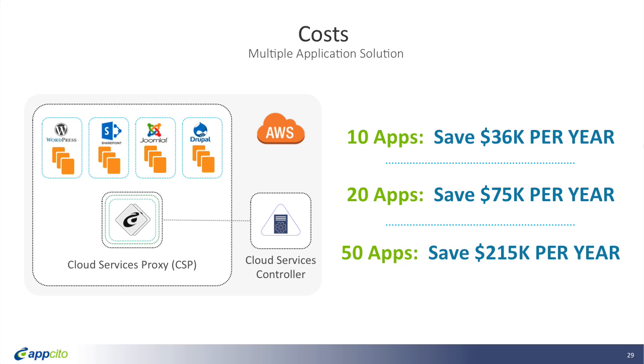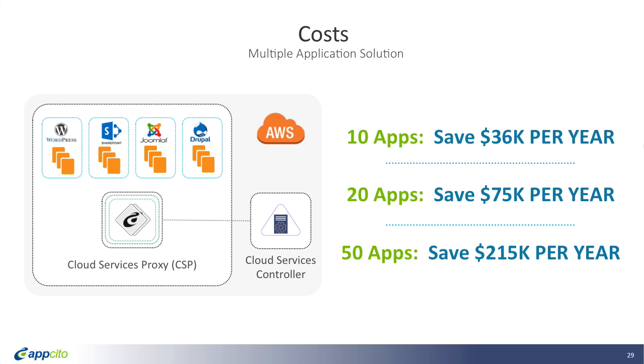And so as you start to map out application number 2, 3, 5, 10, 20, or 50, based upon your overall cloud approach and how you want to scale, we did the math, and what we saw was as you did introduce more applications, there was significant savings, just along the lines of reduction in WAF components, reduction in instances, and the ability of the Appcito Cloud Services Proxy to handle multiple requests, multiple users, and live in multiple clouds.